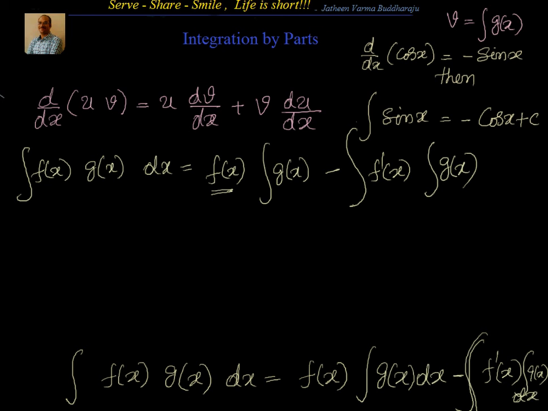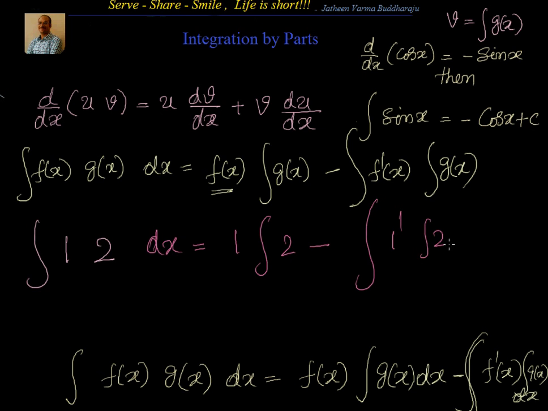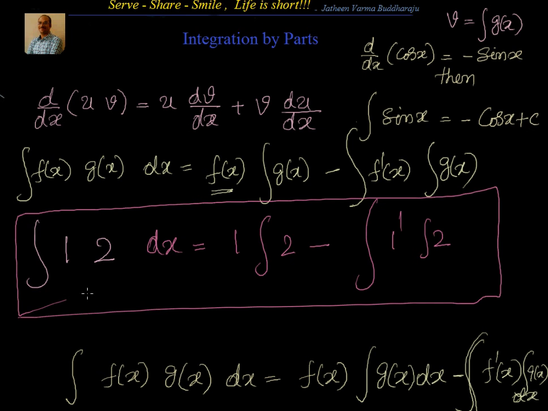So can I simplify that and say that the integral of 1 into 2 dx is equal to 1 into the integral of 2 minus the integral of 1 dash into the integral of 2.